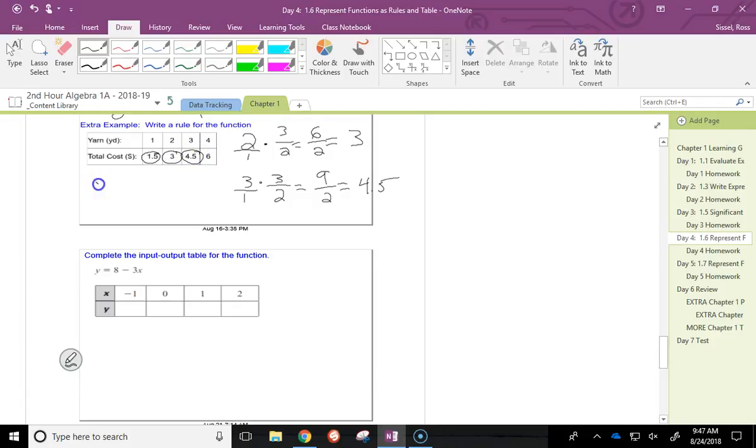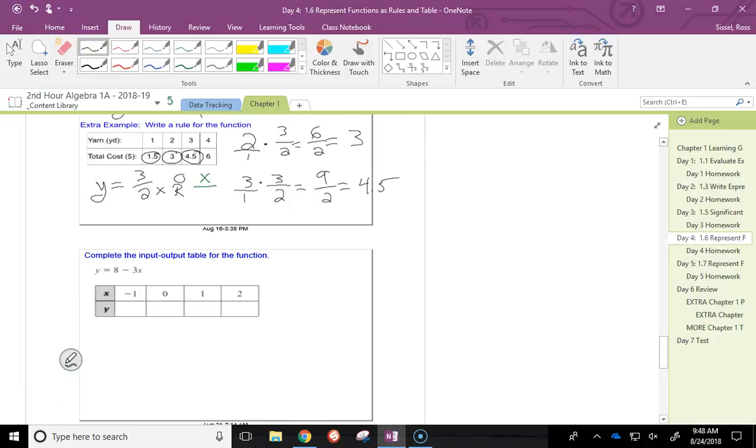So my rule is y equals half times x. Oh shoot, I'm sorry. I didn't mean half, it has to be 1.5.